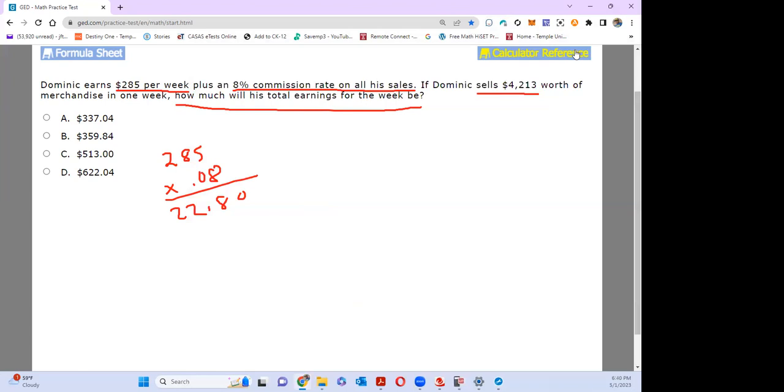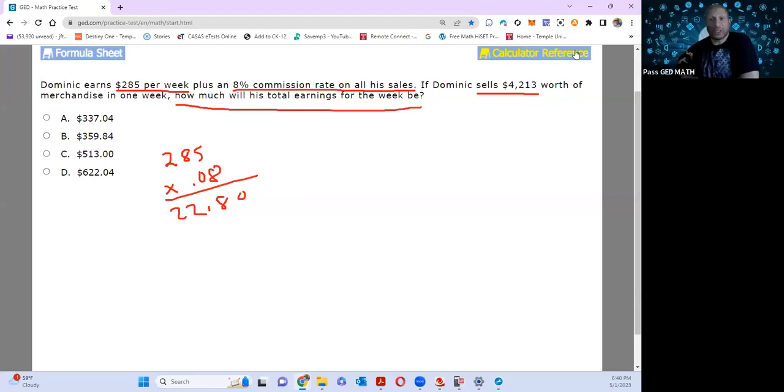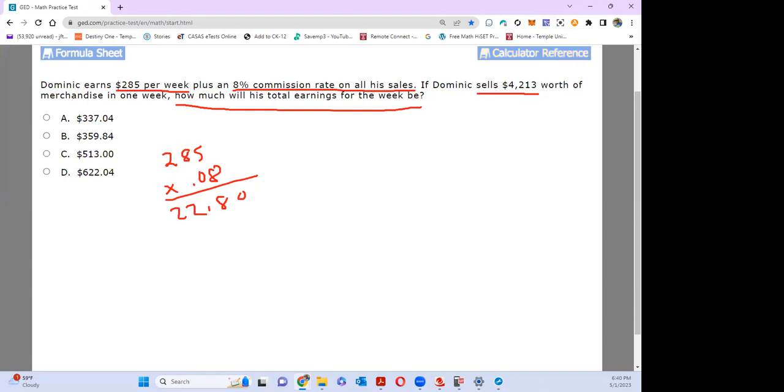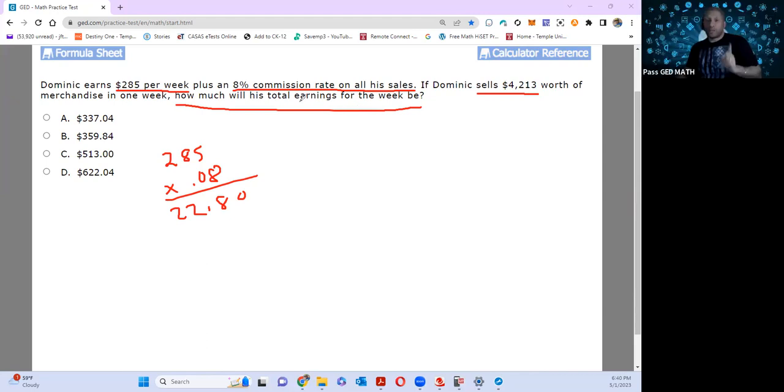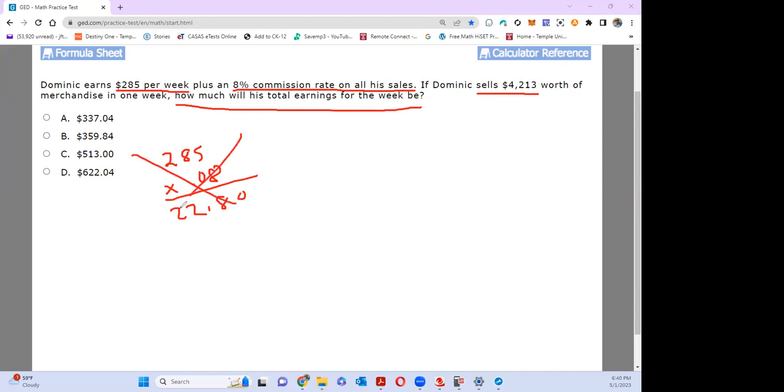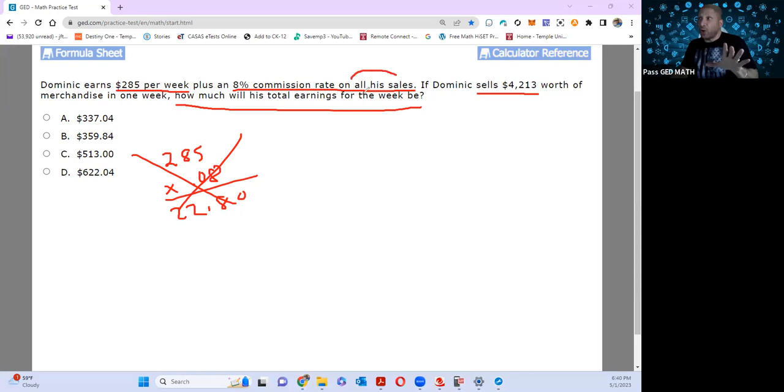Because you got to turn the 8 into a decimal to multiply it. You do have to change 8% to a decimal. But what I'm asking is, why did you multiply that 0.08 times 285? Because it's 8 out of 100. Remember I said identify your givens? 8% on all his what?